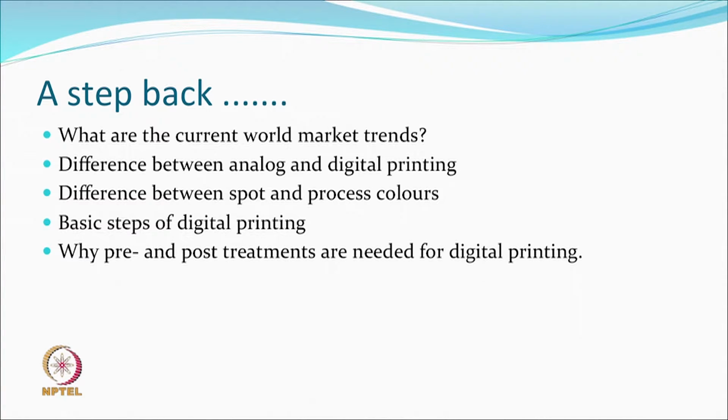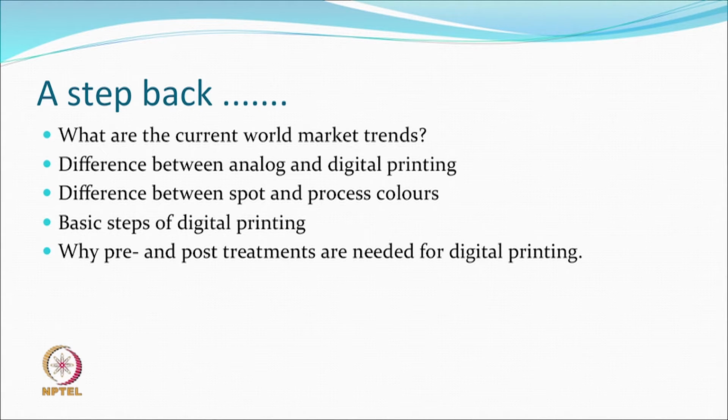So, last time we started some discussion on a new method of printing, which is inkjet printing, and so we will continue with that for a few more hours. So, in summary, we try to talk about what is the place currently of digital printing. How do we differentiate between digital printing and analog printing?